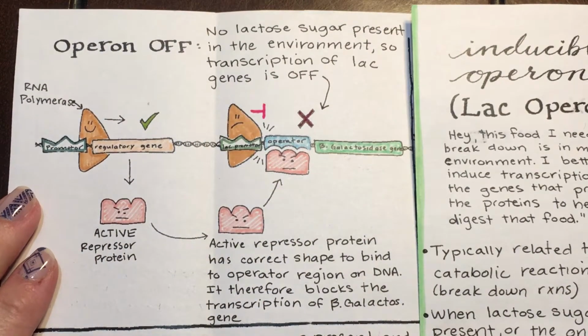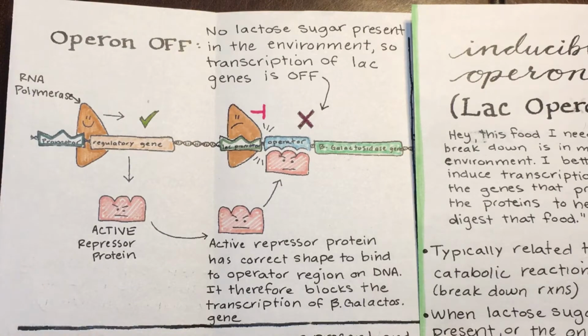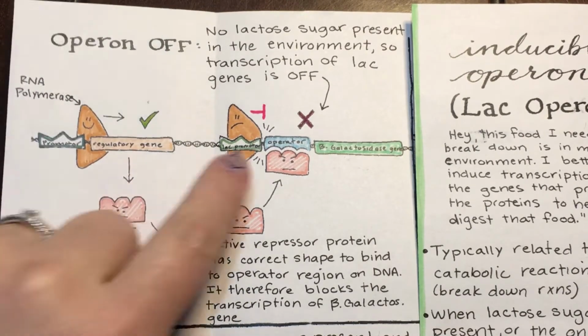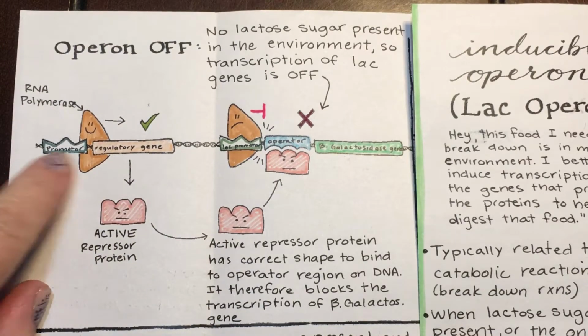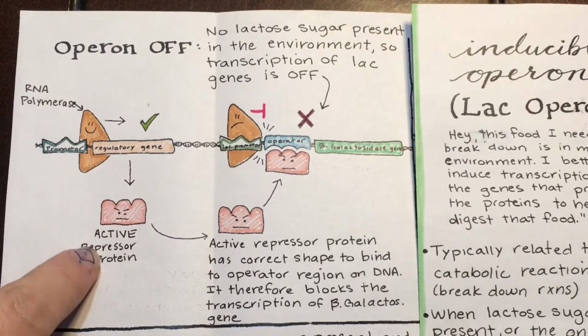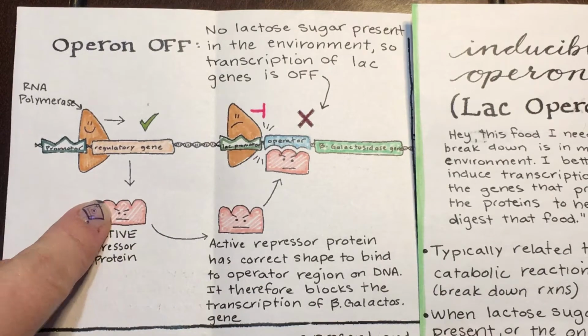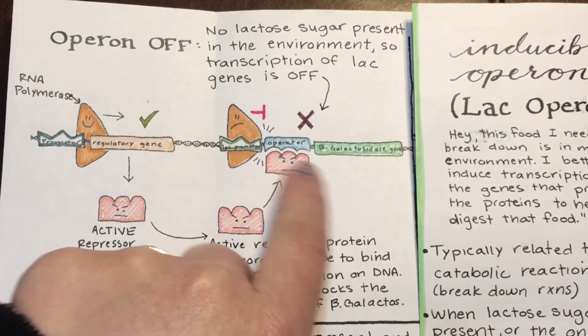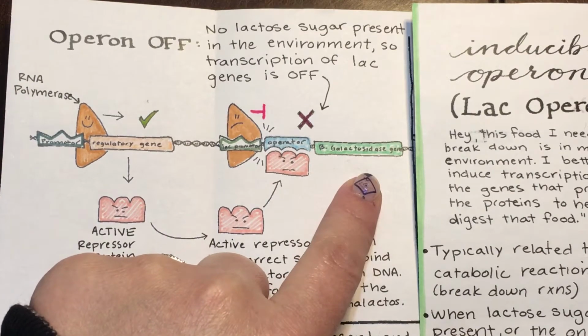I said that we are going to have a promoter. There's two different promoters. There's a promoter in front of the regulatory gene, which makes our repressor, okay? And there's also a promoter in front of the gene in question that we're talking about, okay?